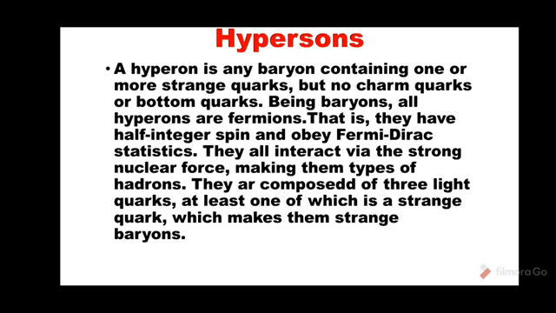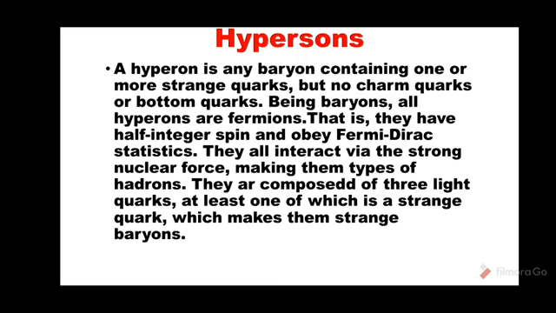You see, they are now belonging to 2 classes. They are fermions in the sense that they have half spin, and now they are hadrons because they interact using that strong interaction.